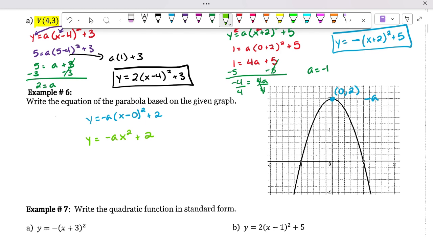So if you do not see parentheses with something being added or subtracted from the x, it's 0. Okay? So it's the same thing if you saw, let's say it was like this, a of x minus 2 squared, and that's all they wrote. You would assume the y is 0.